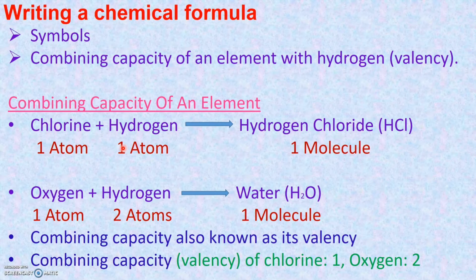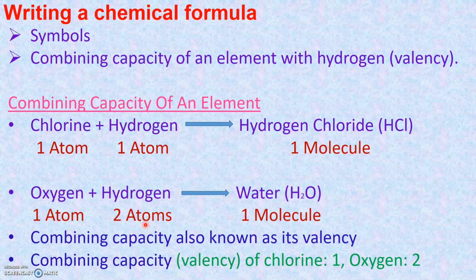But here we see that in this case, for the formation of the molecule of water with the chemical formula H2O, one atom of oxygen combines with two atoms of hydrogen. Why is it so?